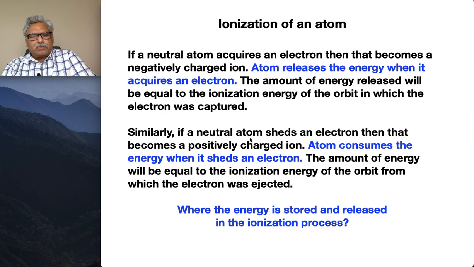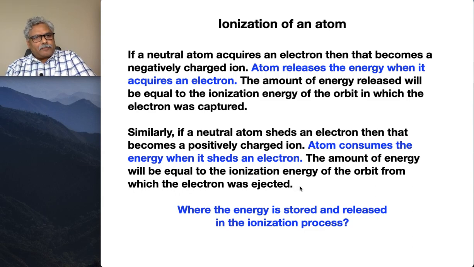Similarly, if a neutral atom ejects an electron, it becomes a positively charged ion. The atom consumes energy when it ejects an electron. The amount of energy required equals the ionization energy of the orbit from which the electron was ejected.